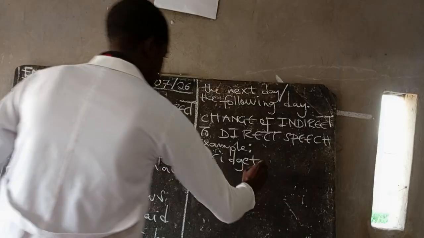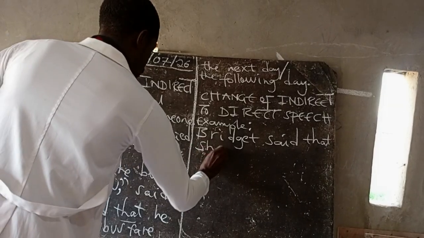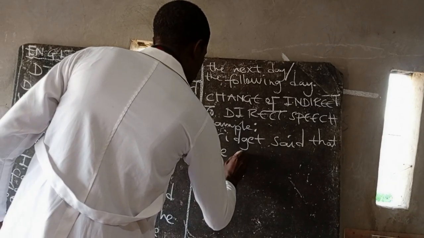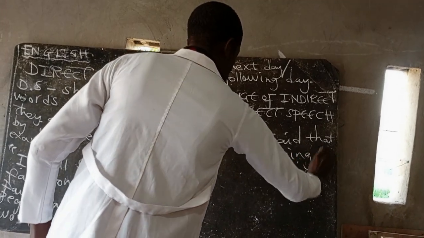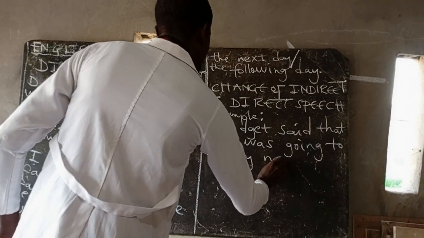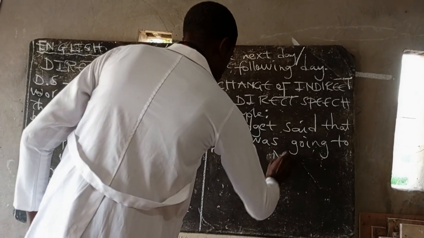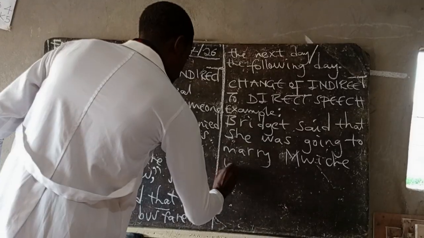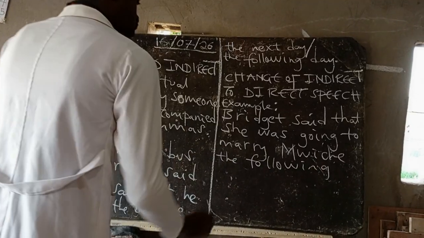Bridget said that she was going to marry Muiche the following year.